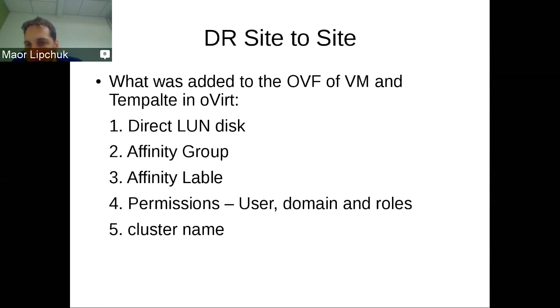Okay. So Federico asks, does DR support Gluster in hyperconvergence setups? I don't think so. The functionality of Ansible should be based on what we support today. I mean, there was no change in the import storage domains that were there.